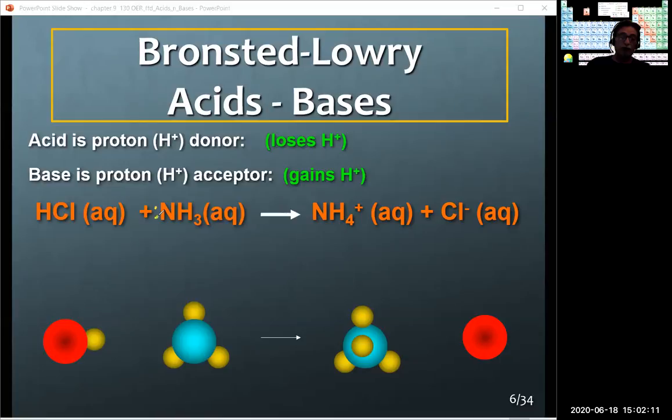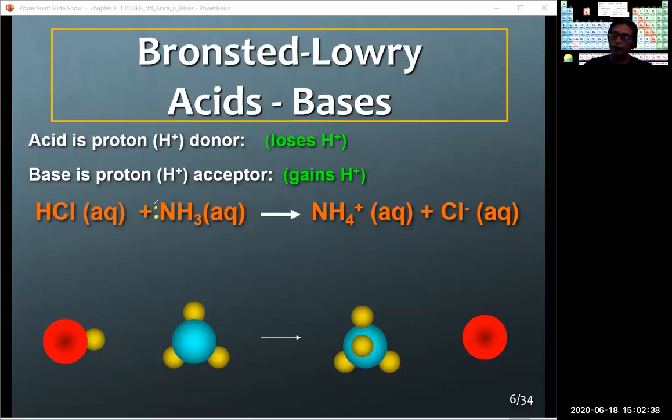Remember, there's a lone pair here on the nitrogen, making it very polar. If we do the Lewis dot structure, you get a lone pair there. The proton, remember, hydrogen had 1 valence electron and it lost that electron. And so that 1s orbital is now empty. It's still there, but it's empty.